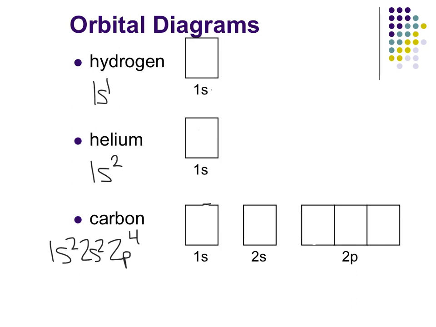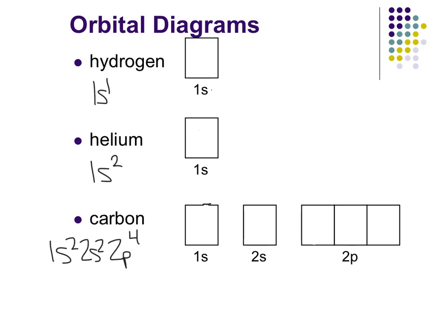How many boxes do you think would come in a set for d? Or how about for f? There would be 5 boxes for d and 7 boxes for f. So you kind of have to know the electron configuration first so that you can draw the right number of boxes. Now let's talk about putting electrons in the boxes.